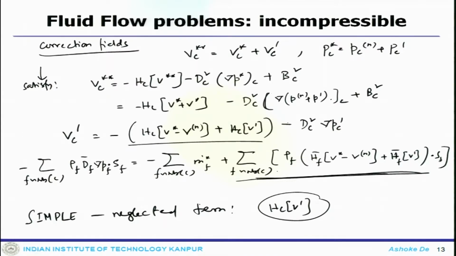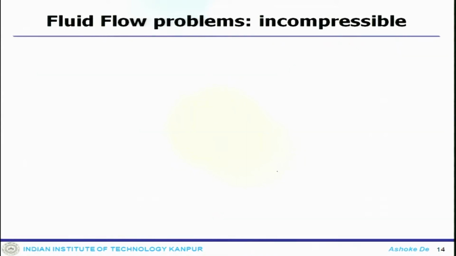So, now using this SIMPLE C and PRIME, the algorithm which actually works is the PISO algorithm. PISO is an interesting algorithm, it stands in between these.